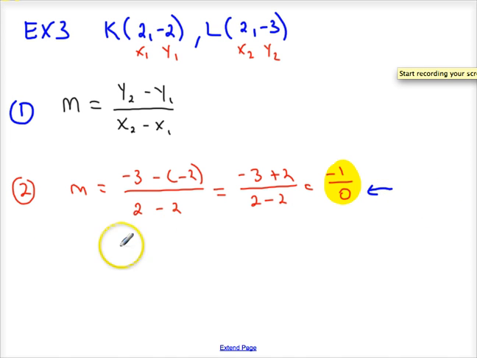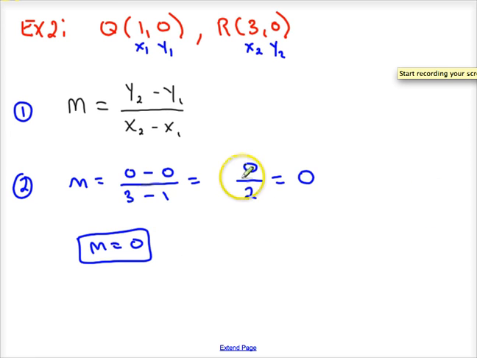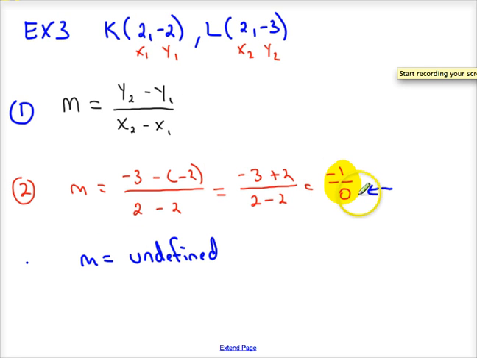In this case, the answer would be m is equal to undefined. So if 0 is in the denominator, m is undefined. If 0 is in the numerator, as in our previous problem, our slope remains 0. 0 in the numerator, slope is 0. 0 in the denominator, the slope is undefined.